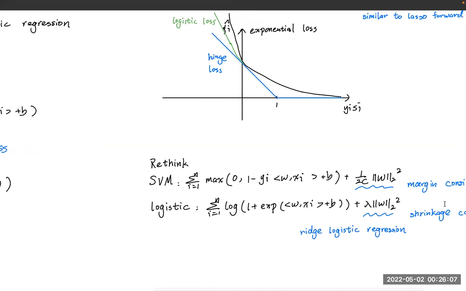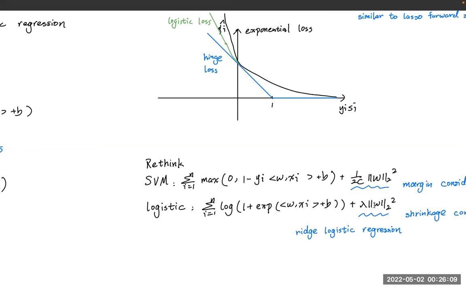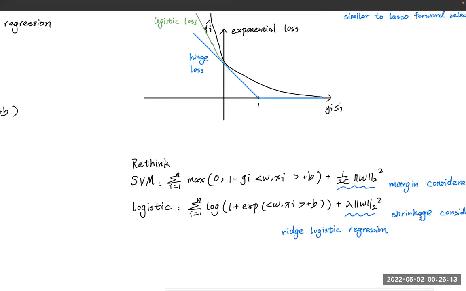Of course, in ridge regression, this L2 norm of W comes from this shrinkage consideration. So it leads to a shrinkage estimator as a matter of regularization to avoid absorbing the noise, right? But in SVM, this comes from this margin consideration. But these two seem to be consistent, and the regularization point of view seems to be more general, although it is also more boring, right?